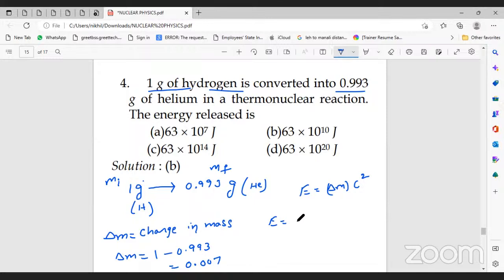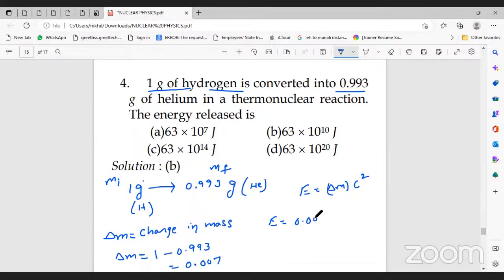Can you calculate what is the energy now? You know the value of delta M. You know the value of delta M multiplied by C square. How much will you get?